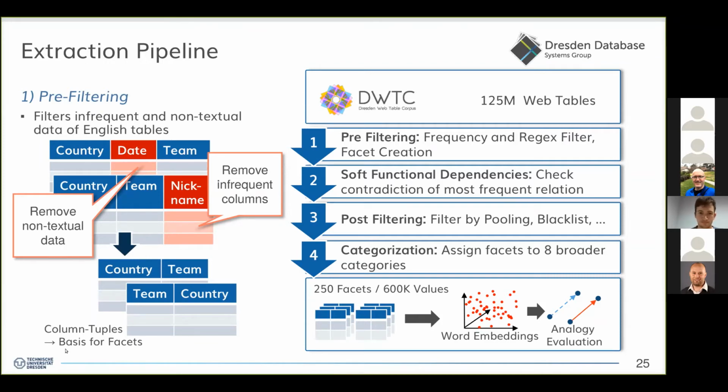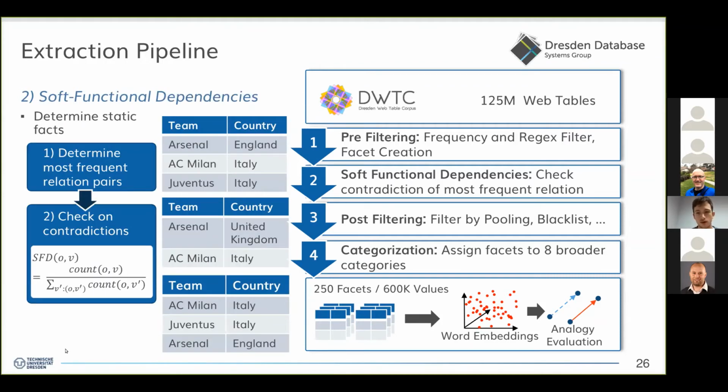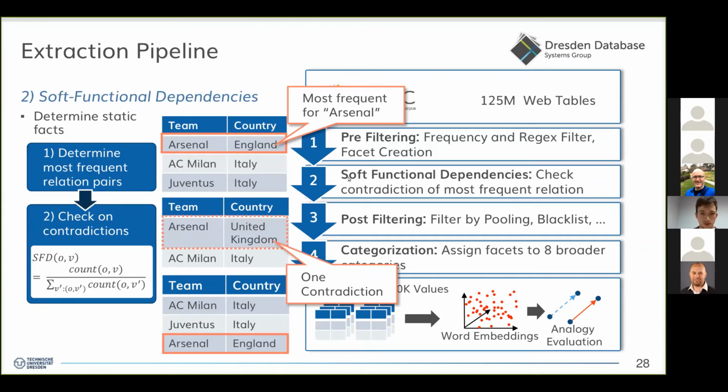In the next step, we want to determine which are static facts by calculating so-called soft functional dependencies. First here, we determine the most frequent relation pairs like Arsenal, England. And then we also determine for the object, which is in this case Arsenal, other tuples like Arsenal, United Kingdom, which we call contradictions.